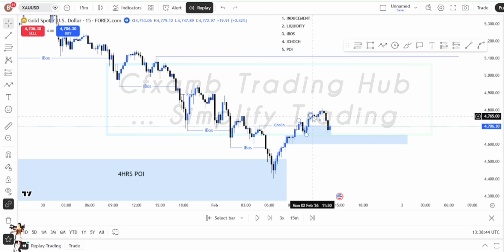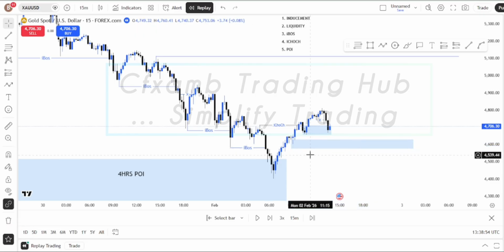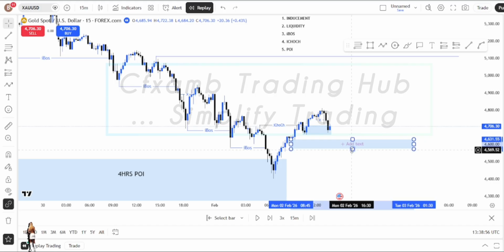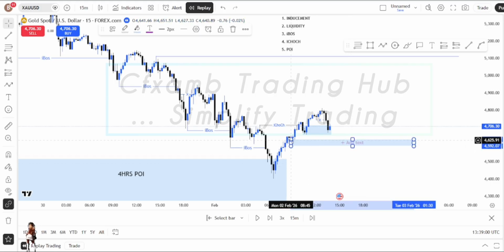So in a situation like this, you extend your POI to the candle wick, to 50% of the candle wick, and leave your entry at that zone.